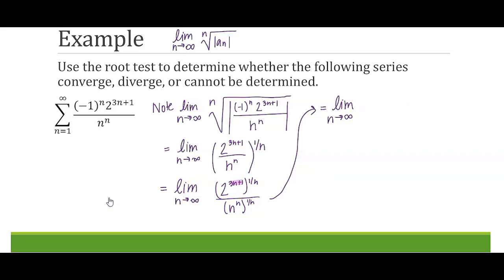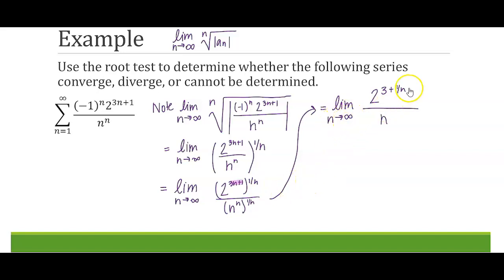So the numerator is 2 to the 3 plus 1 over n. Again, this 1 over n distributes to each of these pieces in the exponent. So that becomes 3, and this becomes 1 over n. And then over, now the n and the 1 over n are going to multiply and therefore cancel and become 1, so this is just n.